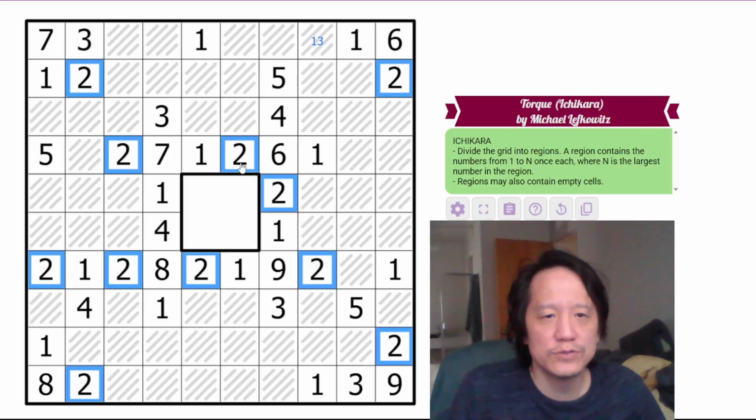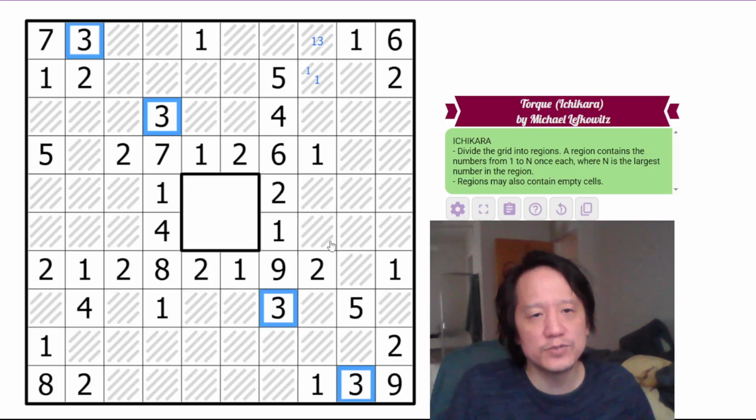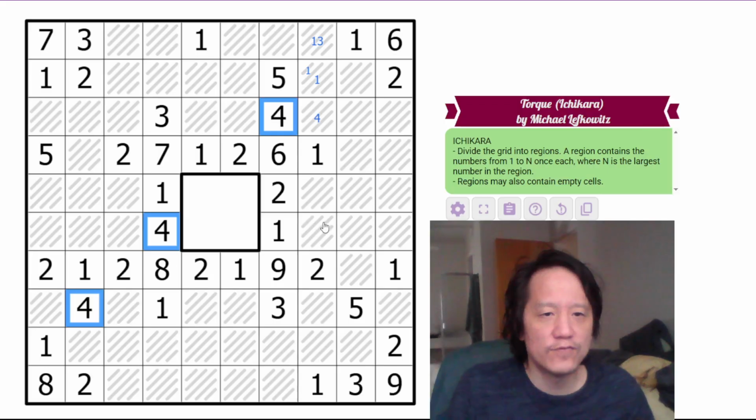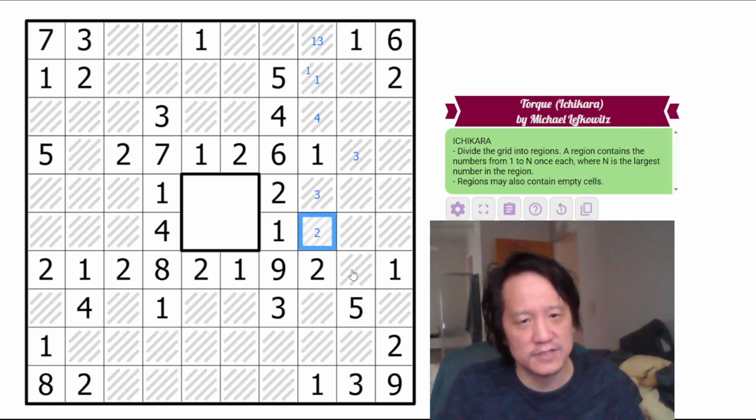We have 1, 2, 3, 4, 5, 6, 7, 8, 9, 10, 11 2s. 3s, we have 4 3s. 4s, we have 3 4s. 5, we have 3 5s. 6s, we have 2 6s.